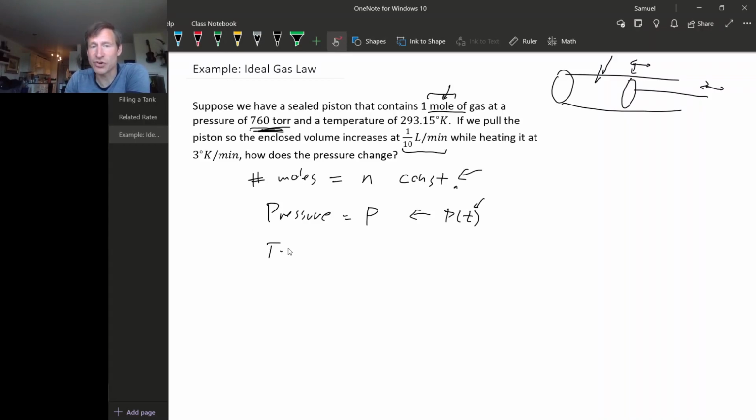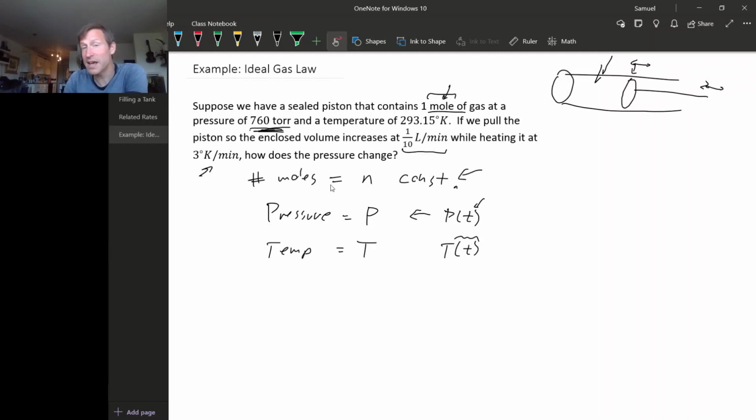We have the temperature of the gas. Let's call that capital T. It's a little confusing to have a capital T and a little t running around, but that's life. The temperature is a function of time as well. You can tell because it's changing, right? We're heating the whole thing. So again, we won't write the of t part, but just keep in mind that temperature is a function of time.